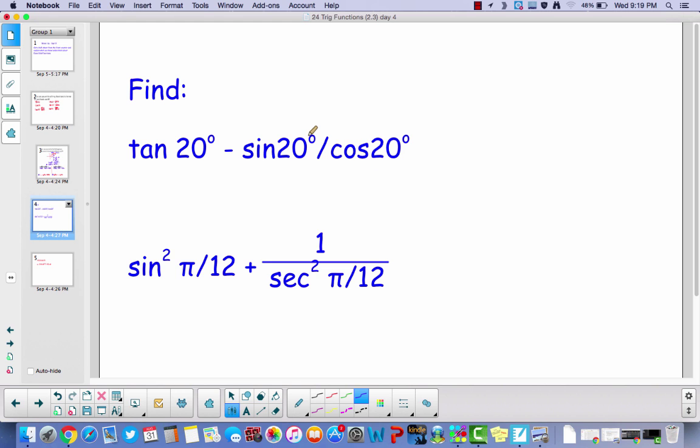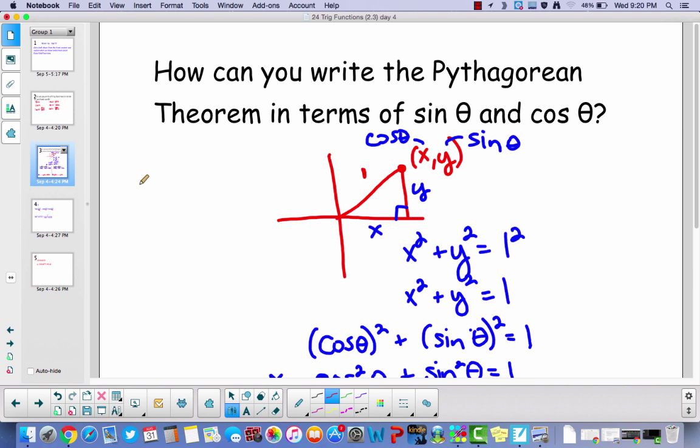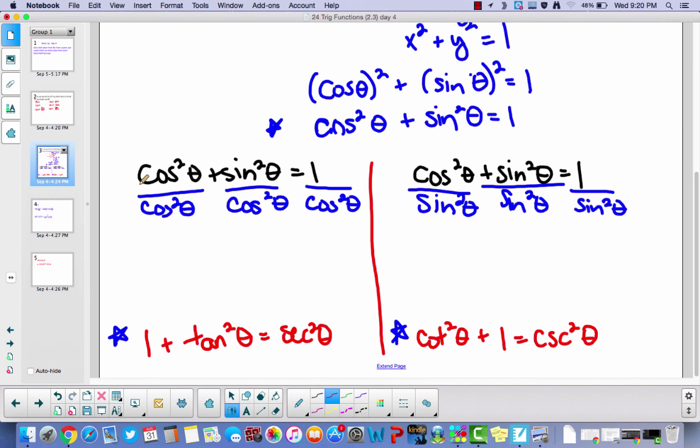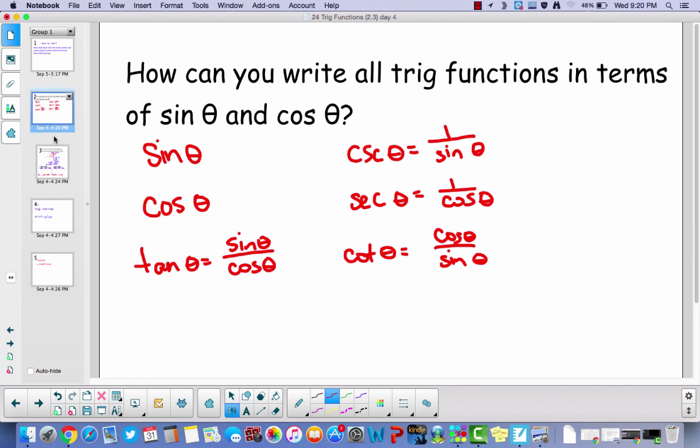Doesn't involve any squared terms. Our angles are the same. That is a key piece. Our angles have to be the same for our trig identities to work, for any of those three trig identities to work.